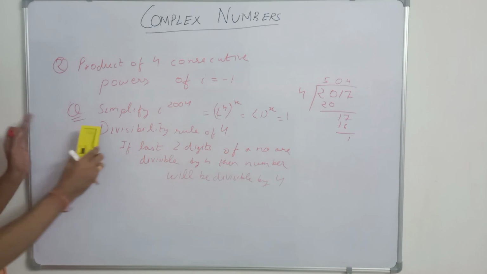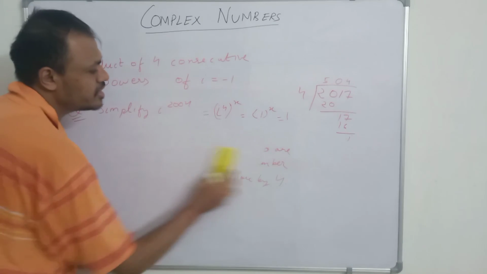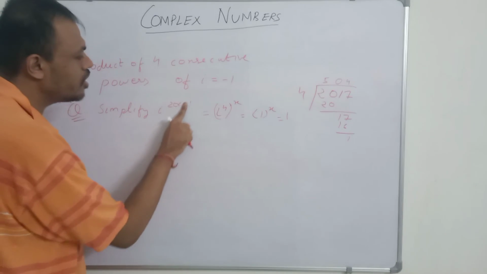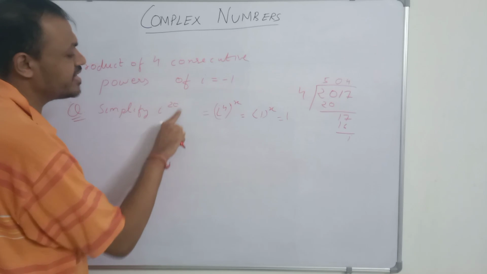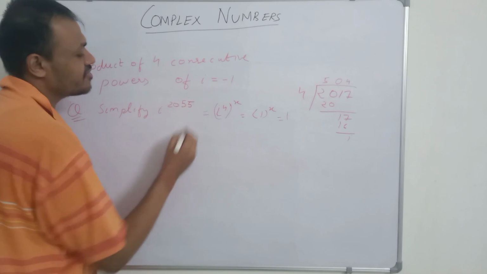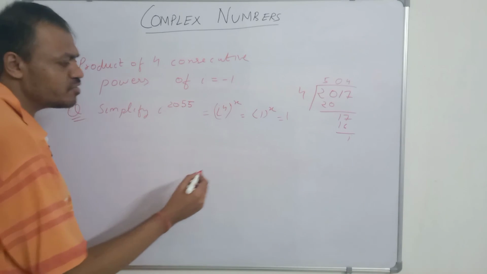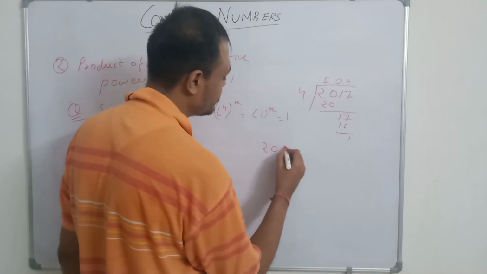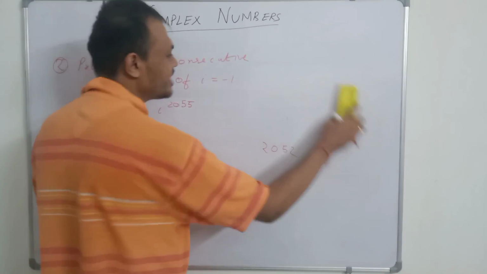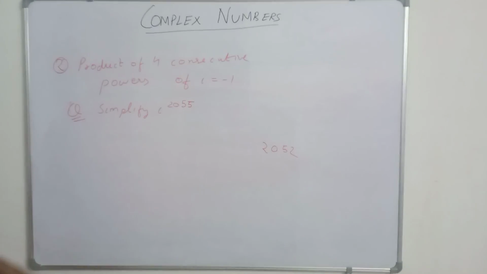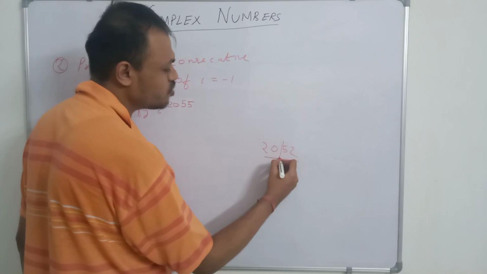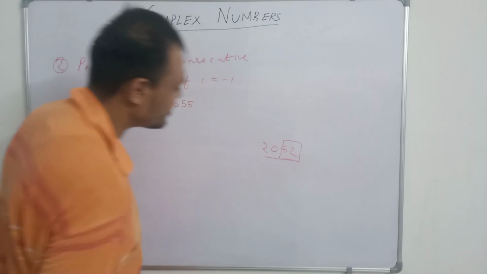Now if we have to simplify iota to the power of 2005, or say 2015, 2052 or 2055, then 2052 will be divisible by 4. If we want to simplify iota to the power 2055, then 2052 will be divisible by 4, because 52, the last two digits, is divisible by 4.